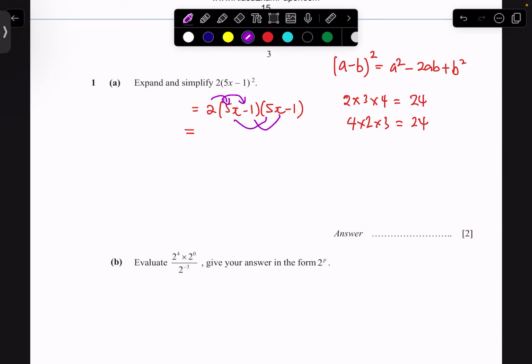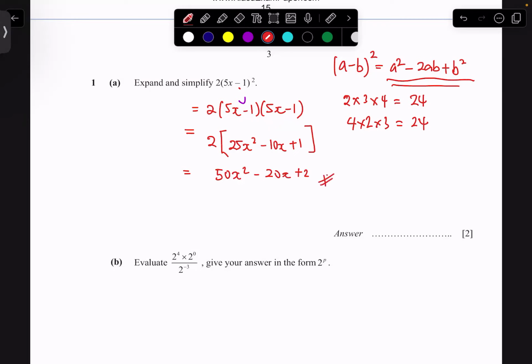Here I will do the expansion of the 5x minus 1 square first. That will be equals to 25x squared minus 10x plus 1. I'm using the identity down here. Then multiply 2 in: 50x squared minus 20x plus 2. That's all.